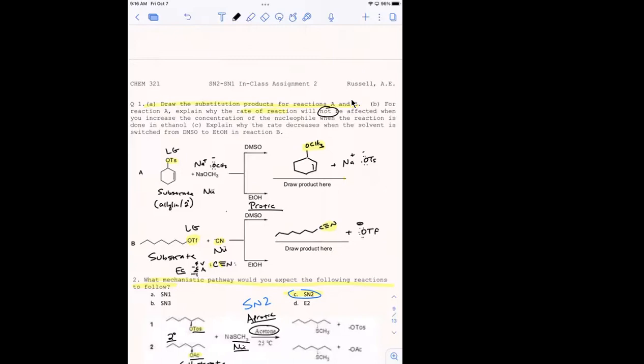So if it's protic and we have a secondary substrate, remember that we talked about this, secondary substrates can do SN2 or SN1, right? So what's going to be the determining factor is going to be the solvent. So if we're in a protic solvent and protic solvents favor SN1, how do we answer that question?